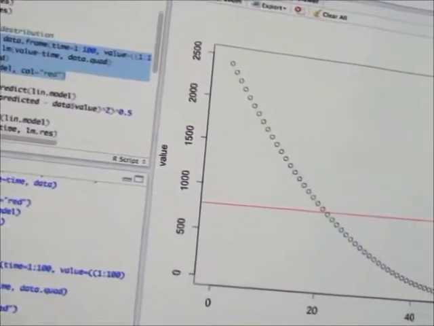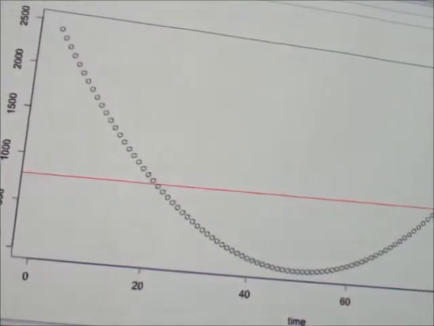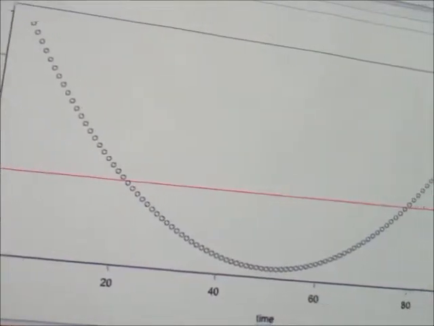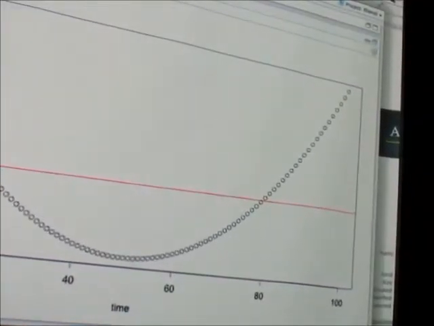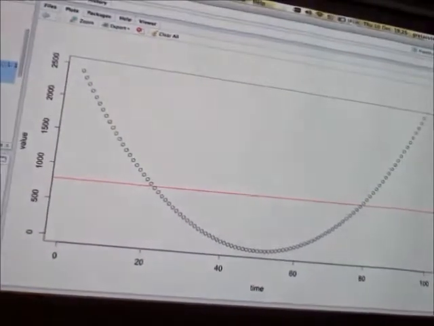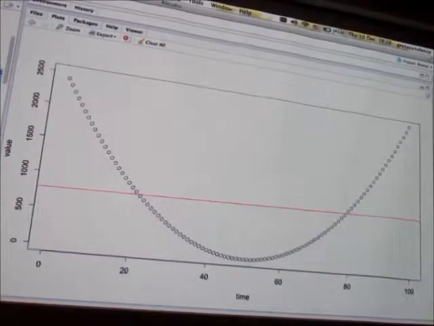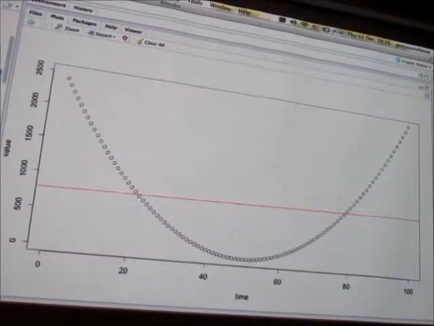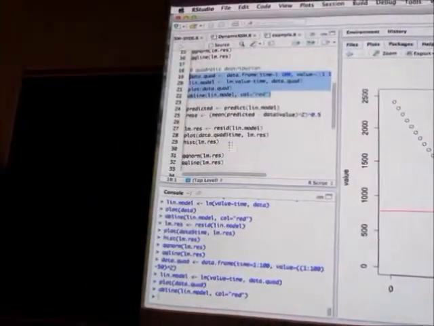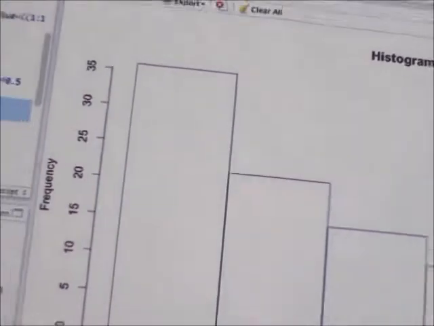Now, if I have a quadratic distribution, as I drew out, this is my data, and the red line is a linear model trying to approximate it. We can see that the linear model cannot approximate it well because it doesn't have enough dimensionality. It can't describe the variance in the data. So if I take the errors, this is the distribution of errors I would get.